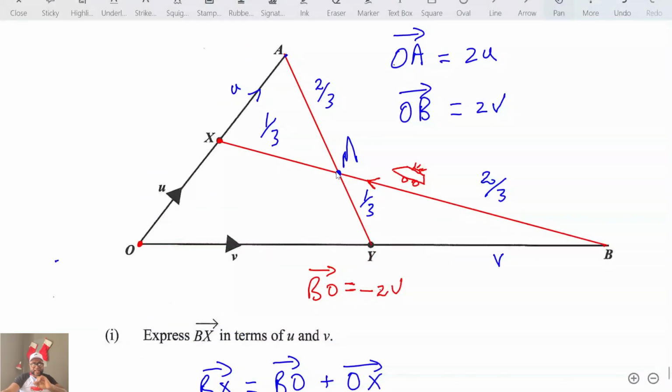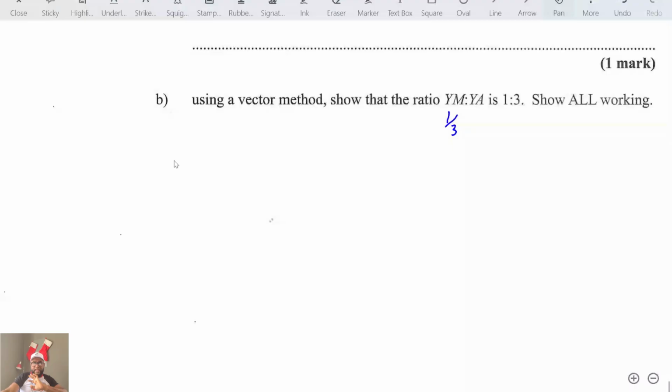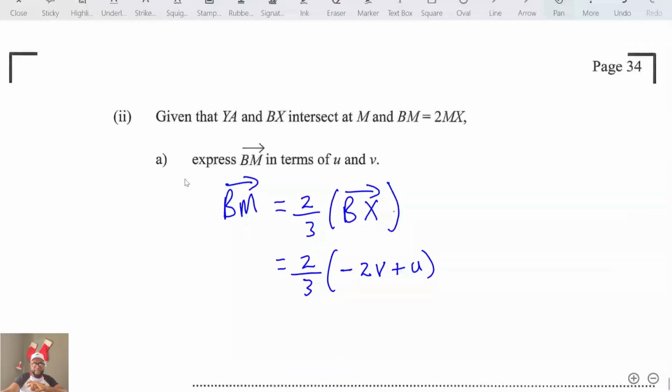So let's find Y to M. We just found this, which is MB. Could I go from Y to B and then B to M? Because we just found B to M. So YM is equal to Y to B and then B to M. So YB would be negative V, let's confirm that.